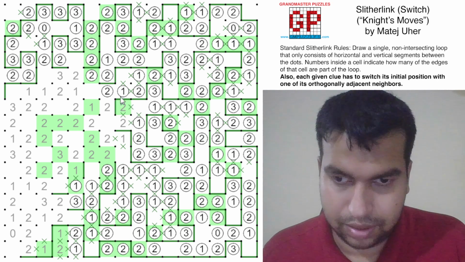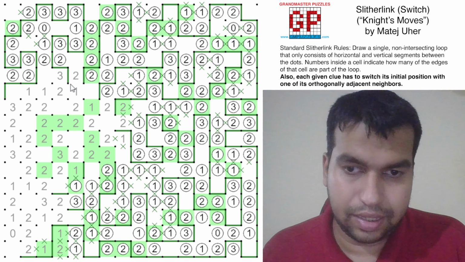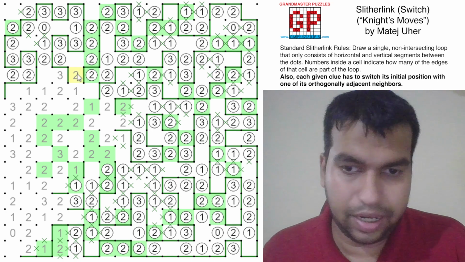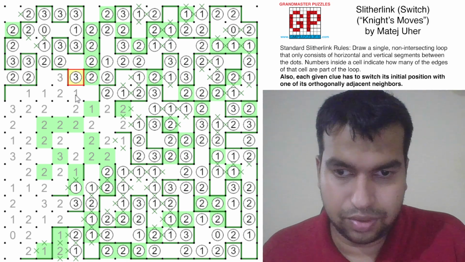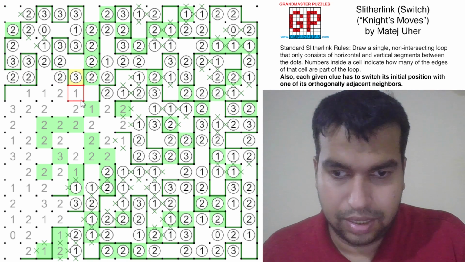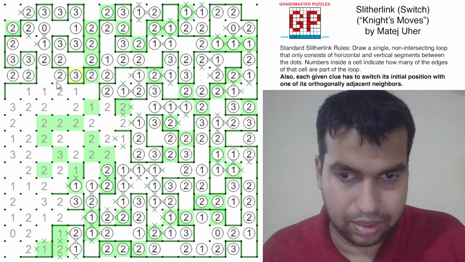And we know that this is a 2. So this comes down this way and this comes down. This comes down. And now we see that this 2 over here could either have been a 1 or a 3. Now it has to be a 3. So it has to pair with this. And that'll put this in.